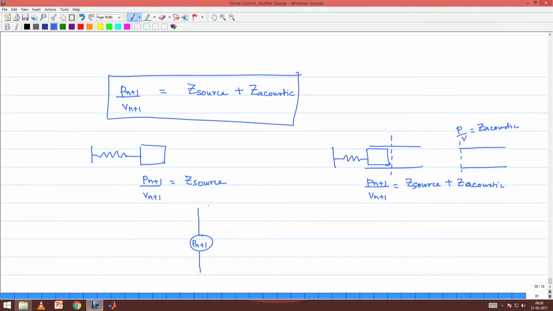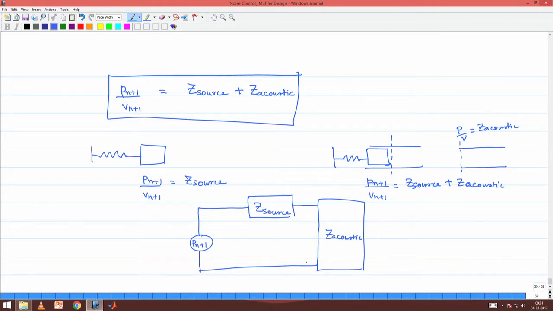And then if you have to incorporate this idea that there is a certain source impedance Z source, right, and then there is a certain acoustic impedance in the line. We do not know whether it is in the shunt position or in the inline position, but we can always put it in this form.